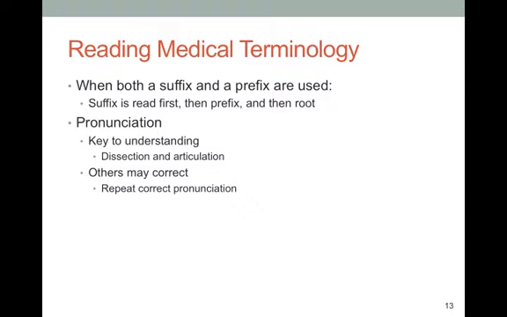This is kind of difficult for people that normally read left to right. It's difficult for them to look at the suffix, which is generally at the end, and then look at the prefix, which is in the front, and then look in the middle. So we're just combining words, dissecting and articulating them together so that we understand them. Each one of those little words has a specific meaning.